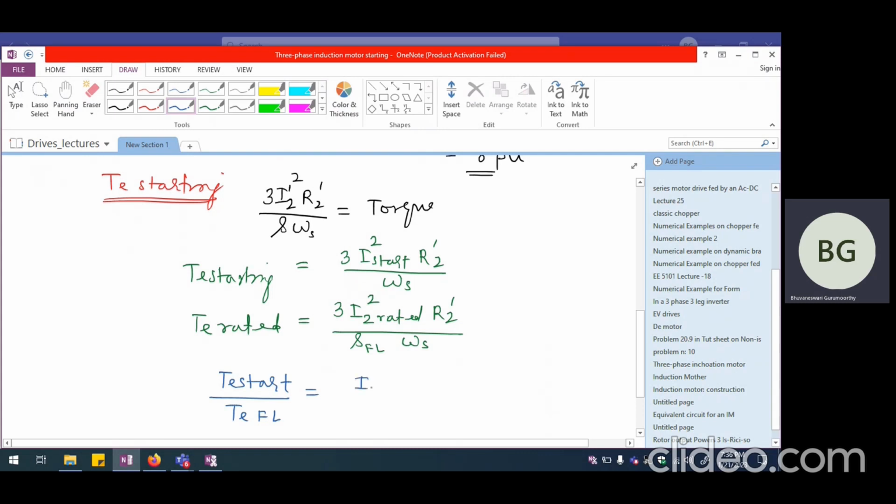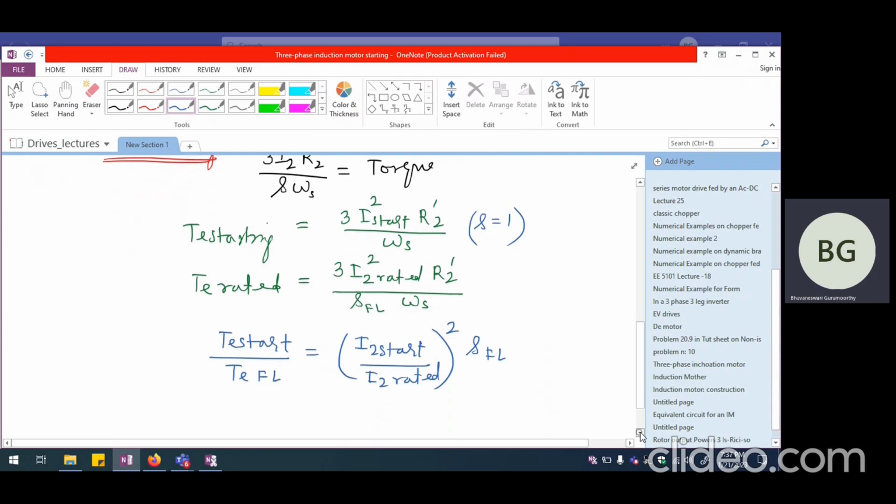So I should just write I2 starting divided by I2 rated, the whole square, multiplied by, there is no S here because S is equal to 1 in this particular case, whereas I am going to get S full load here. This is the ratio I have for the starting torque to full load torque.